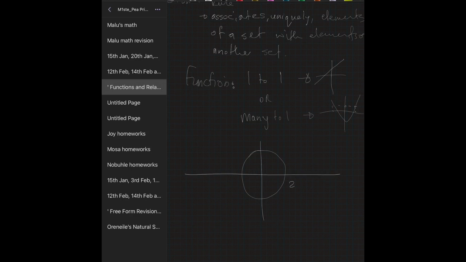Okay, that looks more or less like it. 2, -2, -2, 2. Alright, so if this is x squared plus y squared equals 4, when we let x equal 0, y is either positive or -2.